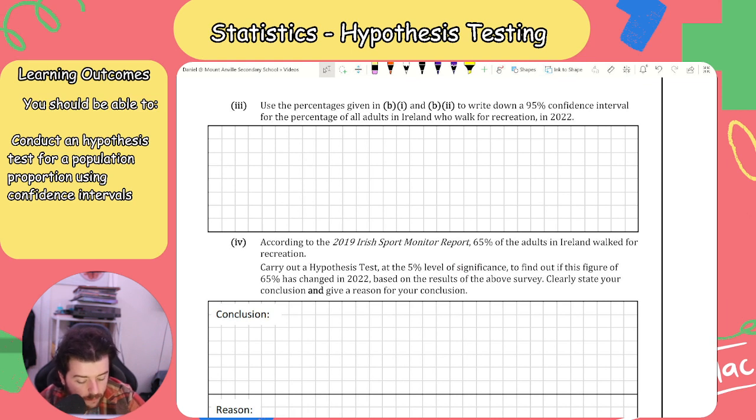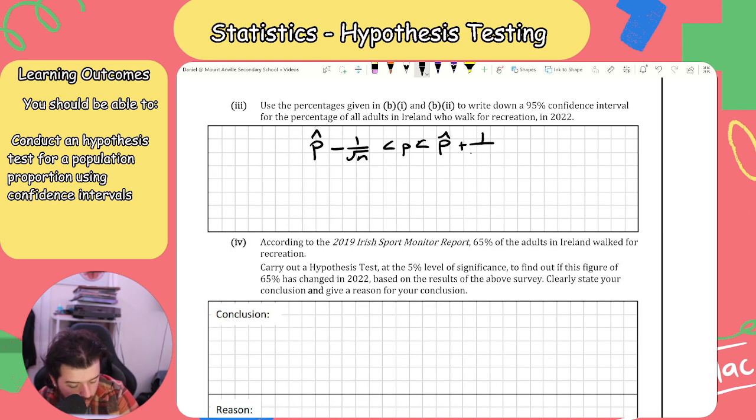Use the percentages given in BI and BII. Write down a 95% confidence interval for the percentage of adults in Ireland who walk for recreation in 2022. So, sample proportion minus 1 over root n less than p less than sample proportion plus 1 over root n.